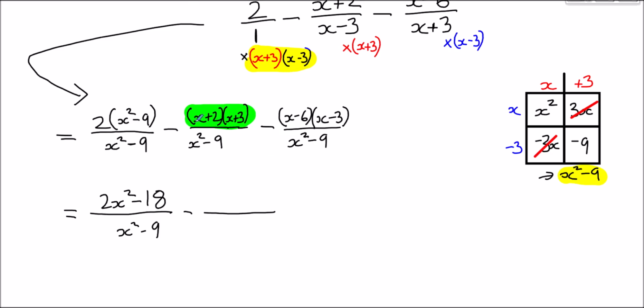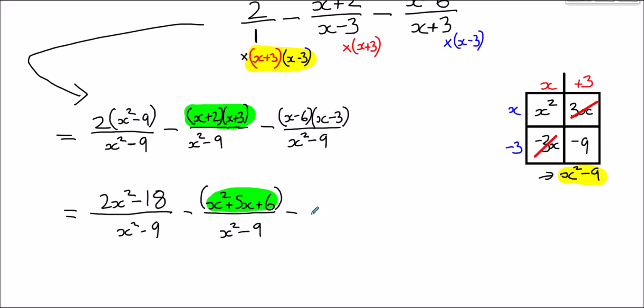Slow down the video or just try it yourself if you're not sure, but x times x, expand this out, you get x squared. x times 3 is 3x, x times 2 is 2x, that gives me plus 5x, and then 2 times 3 is 6. Now, all of this is being subtracted, so if it helps you to remember, think of this all in big brackets. That's all over x squared minus 9, of course.